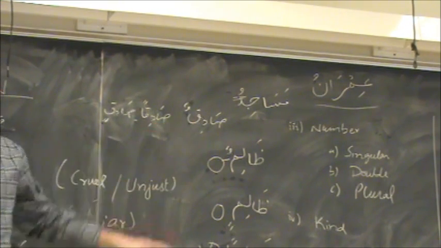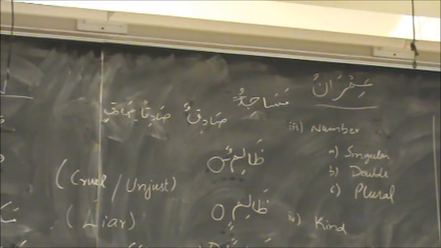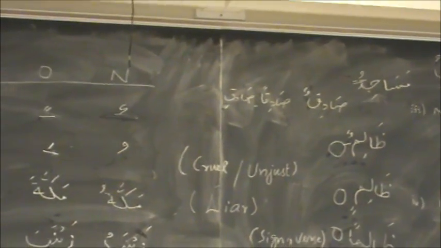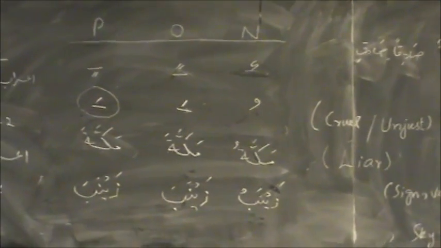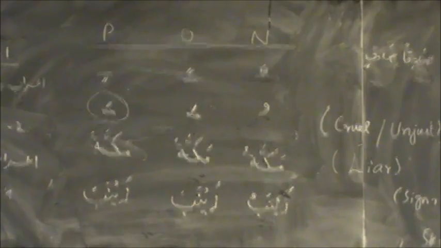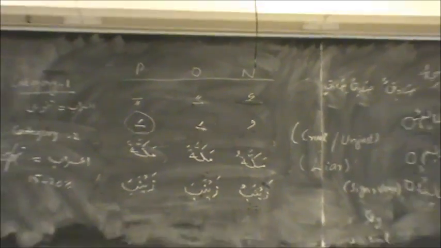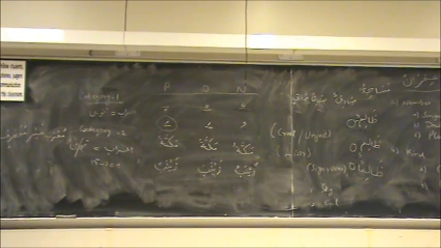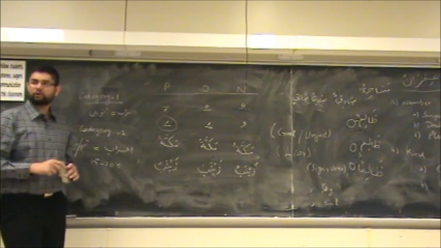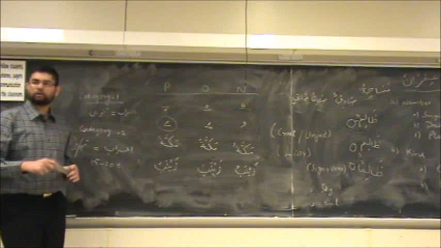How about words with no sign, where you don't know whether it's tanween or not? If there is no harakat at the end, if you just write alif ain ra alif ba ain ra, we don't know whether there is tanween at the end.